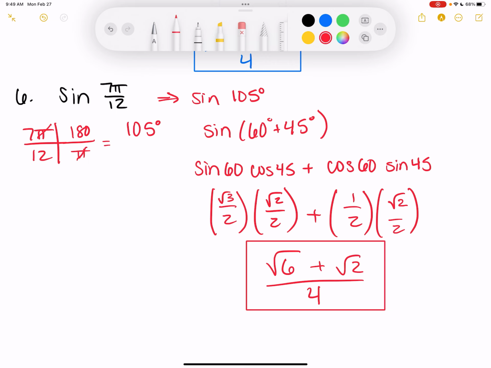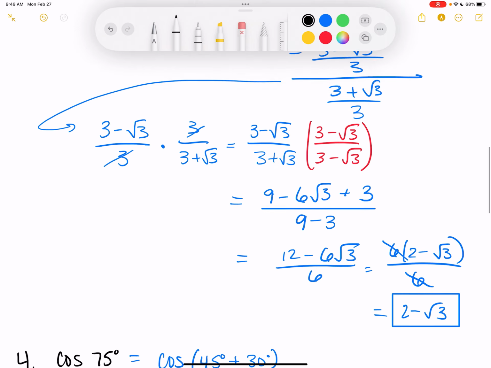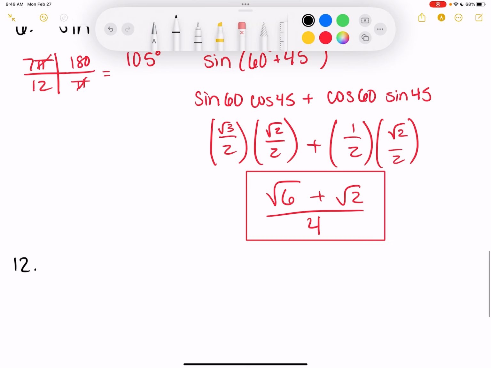If your answers don't look like this for sine and cosine, either plus or minus, or something along these lines for tangent, do it again. And if you still get the same answer, then you might be right. But usually they look like this.